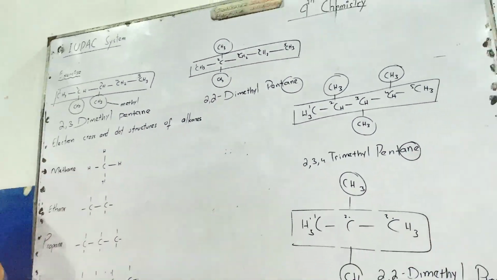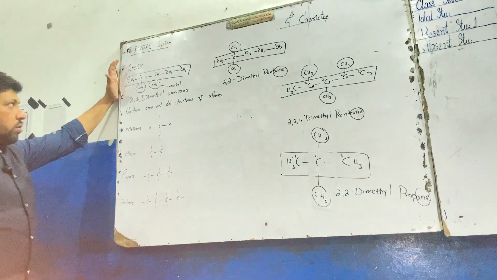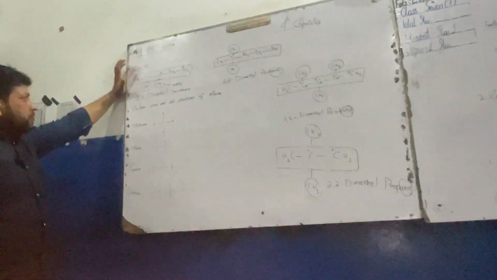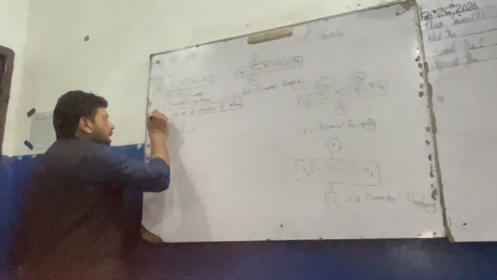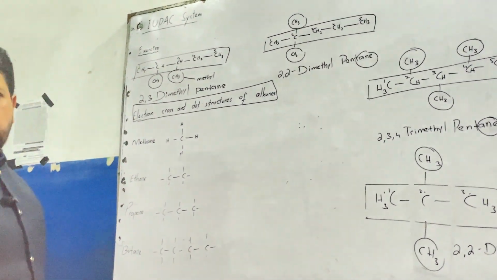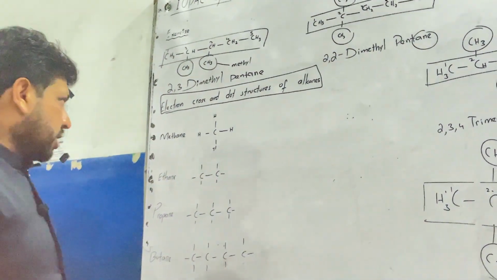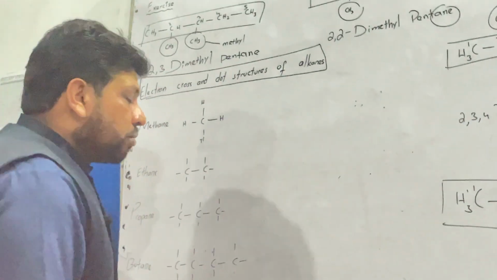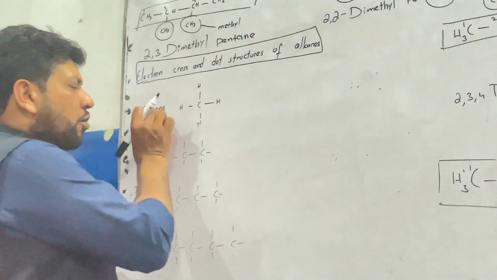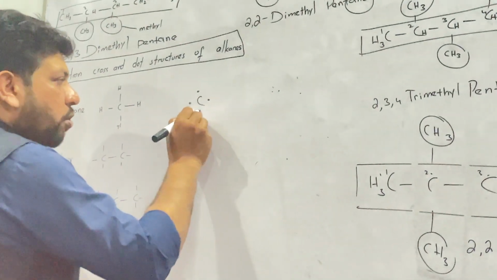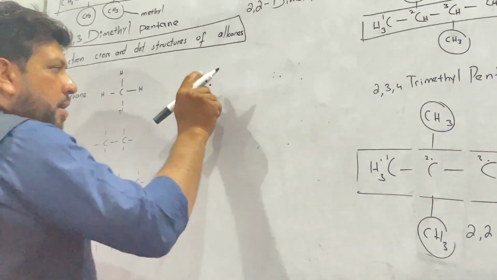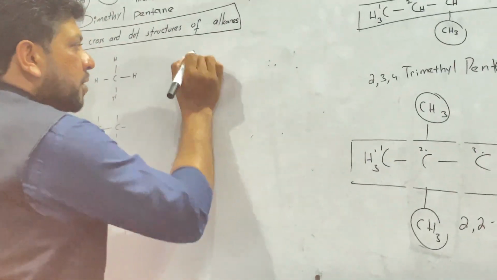Okay, students, enough. Let's go to another topic: electron dot and cross structure. It is also known as the Lewis dot and cross formula. How do we write it? For example, methane. Carbon has 4 valency, and we have 4 hydrogen atoms.